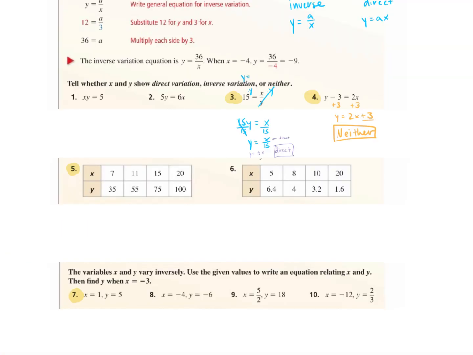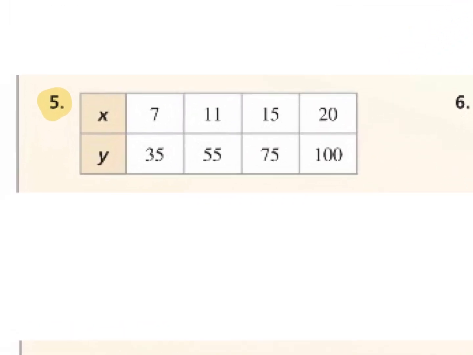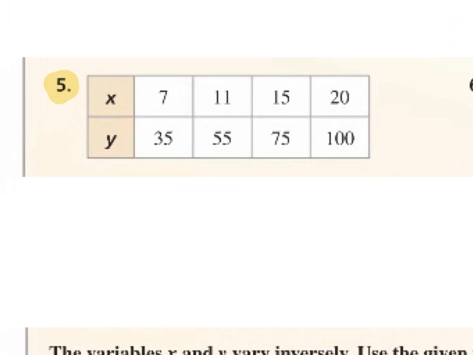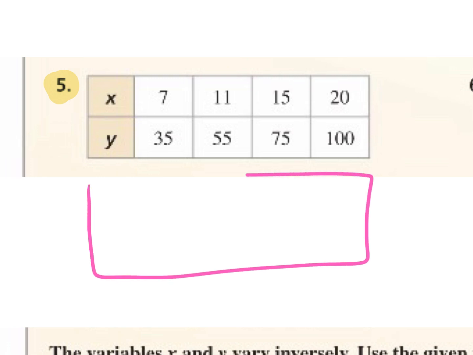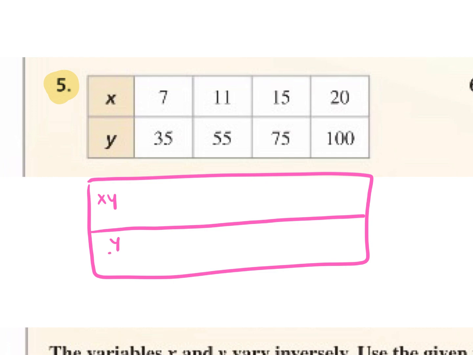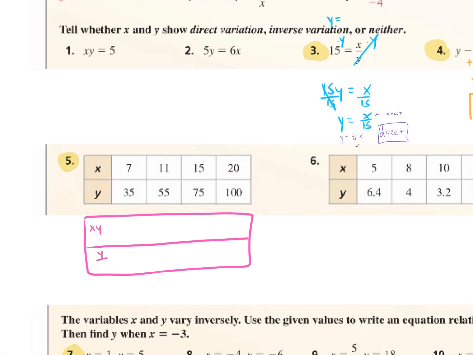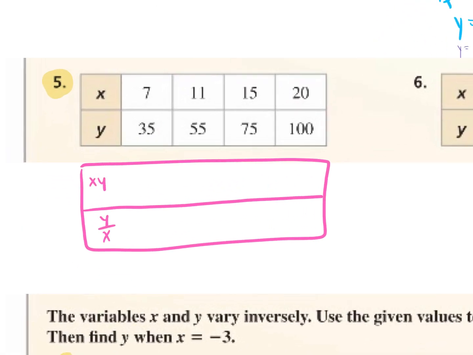Let's take a look at number 5. So here we need to figure out if it's inverse or direct variation or neither. So I'm going to make my chart. I need to multiply x times y. We also need to divide y by x.